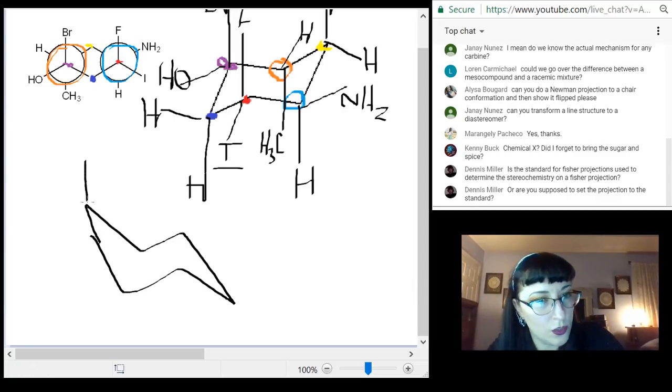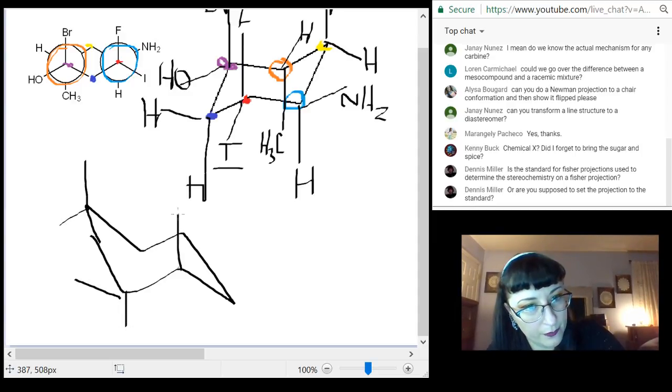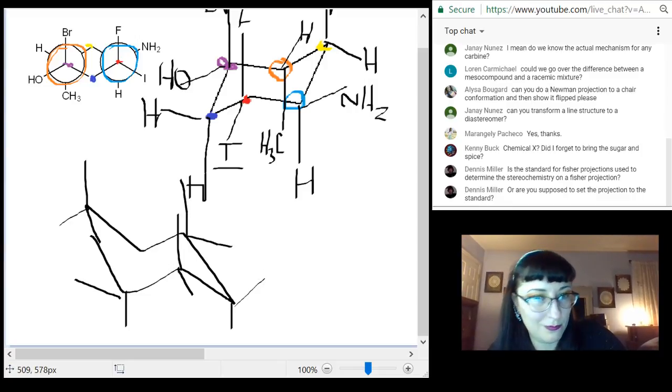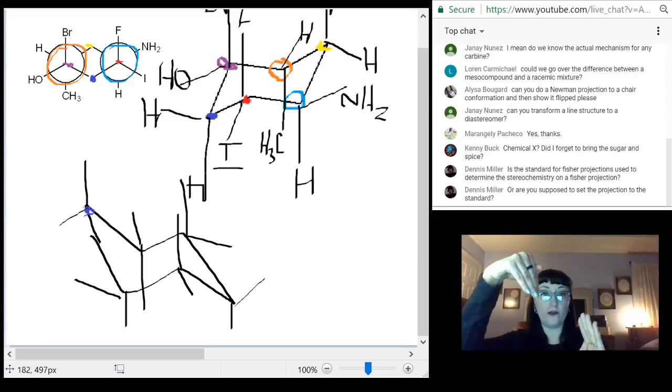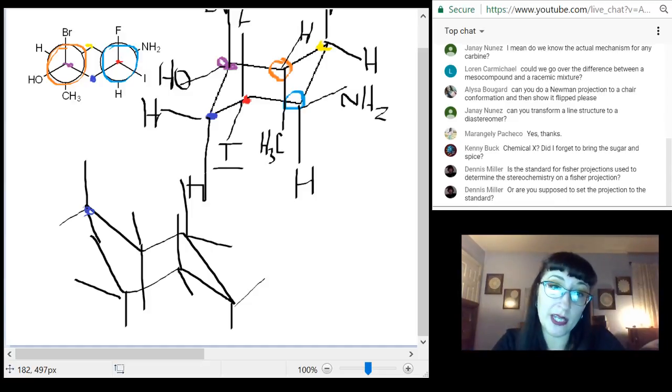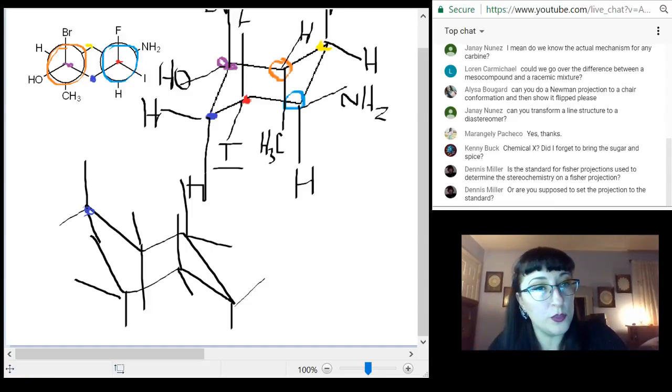Okay, so here I can do the same sort of thing, put on all of my bonds. The blue one that I started off with is now pointing up, right? Because when you flip the chair from here, you go like that. So the one that was pointing down is pointing up, and the one that was pointing up, which I had yellow, is now pointing down.